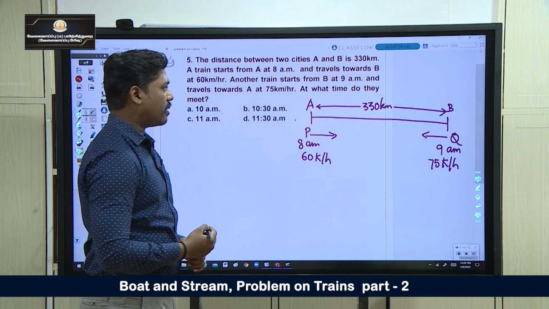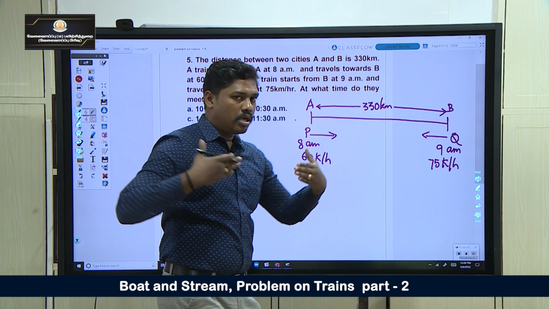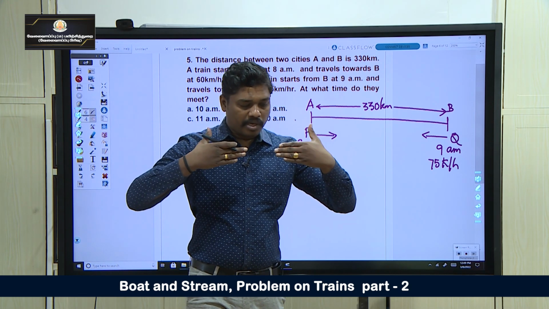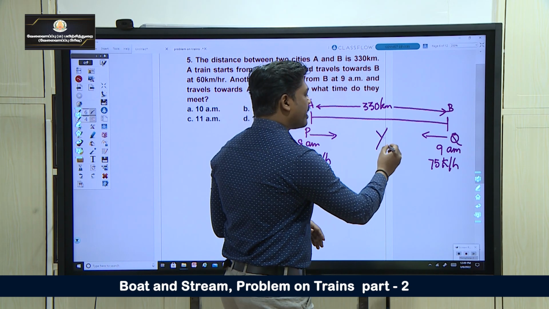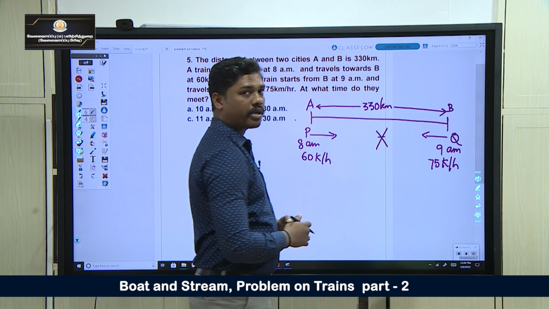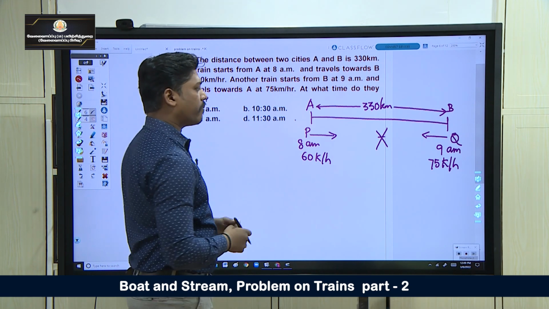So at what time will they meet? Definitely they will meet here, at the meeting point. At what time will they cross each other?